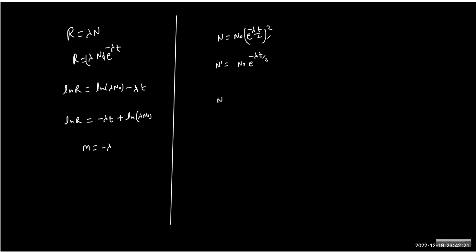Because powers get multiplied, I hope you remember this. So N dash is how much? N naught into under root of N by N naught, isn't it? You can take the ratio, but after squaring only. This is correct.